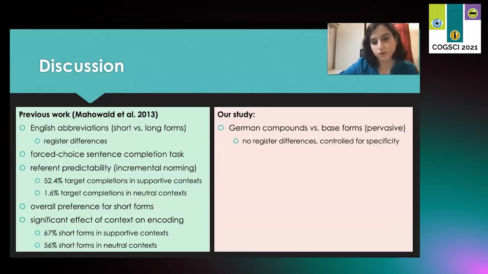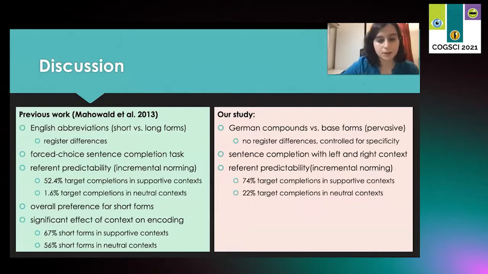In our study, we looked at German compounds and their base forms, so arguably a more pervasive phenomenon with no register differences between the compound and the base form, but we had to control for specificity. We also had a different task, sentence completion with left and right context to simulate production. And we also had an incremental norming study to estimate the referent predictability. We found that the referent was predicted 74% of the time in supportive context and 22% of the time in neutral context.